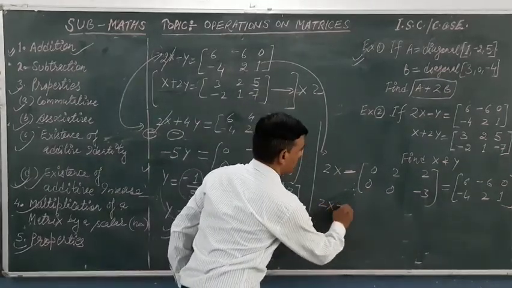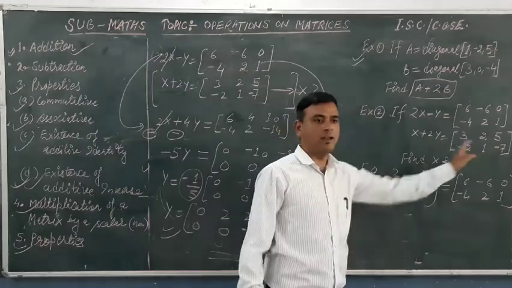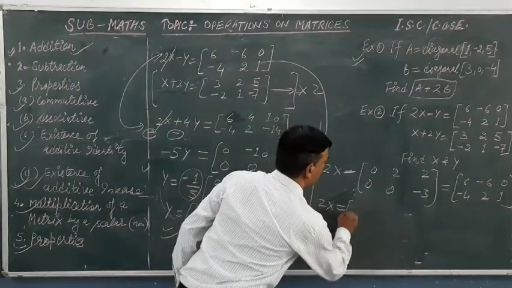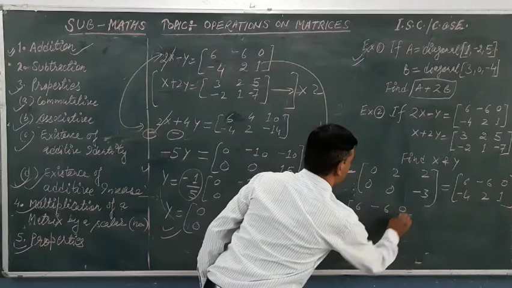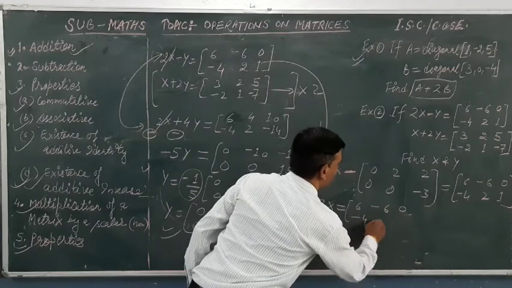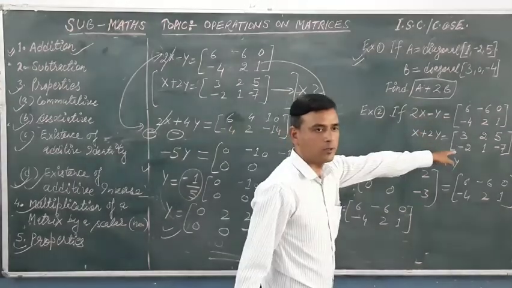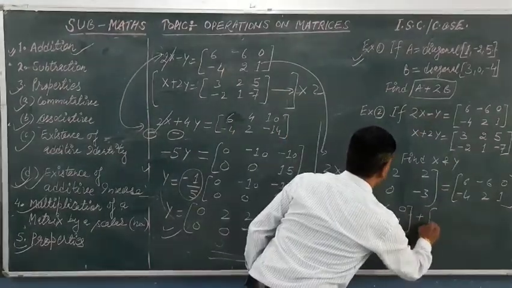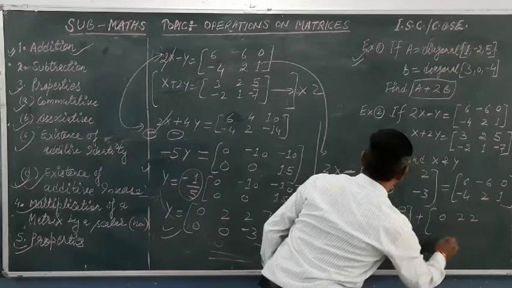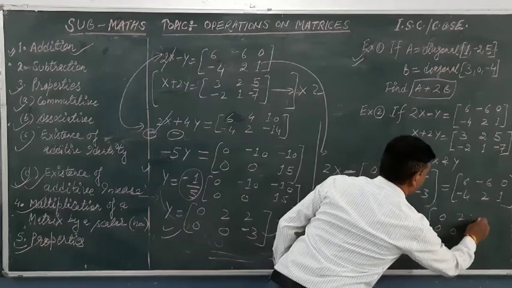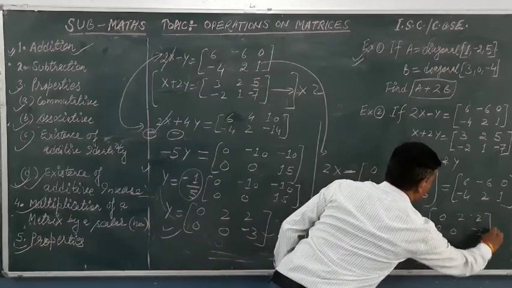Now see here, 2x will remain the same. This will go to the right side. So I will get 6 minus 6 0, minus 4 2 1, and since this has a minus sign here, shifting to the right side, this will become plus. I will get 0 2 2 0 0 minus 3.